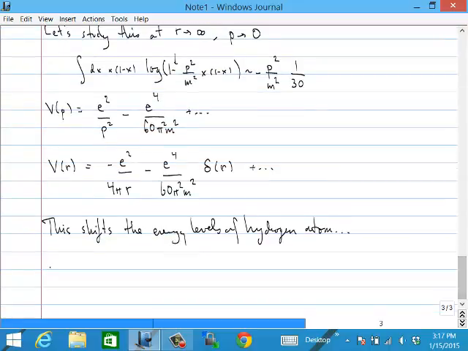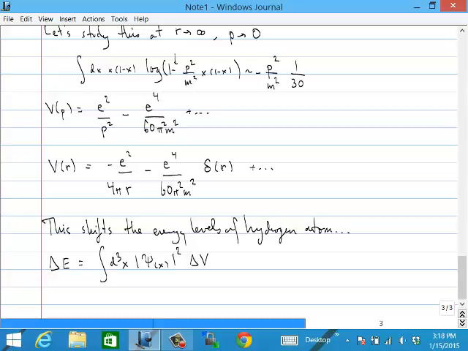And if you add a small perturbation to a potential in quantum mechanics, then that shifts the energies of the states in the theory. At leading order, the shift in the energy of a state is given just by integrating the norm of the wave function of that state times the change in the potential. That's just standard time-independent perturbation theory.